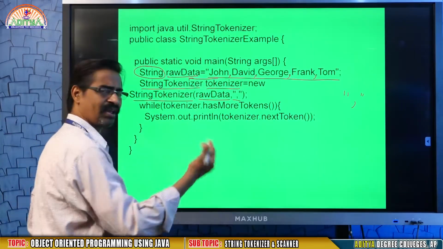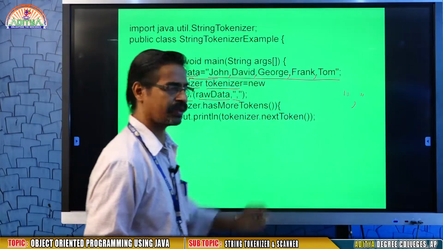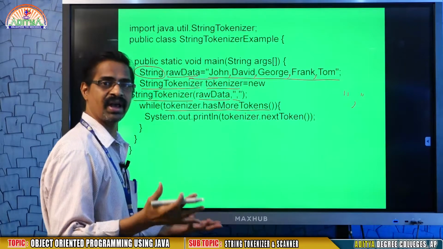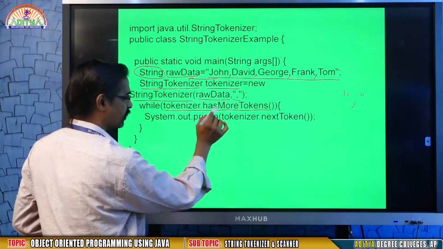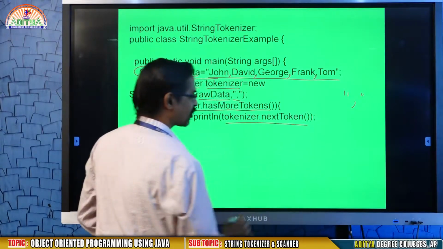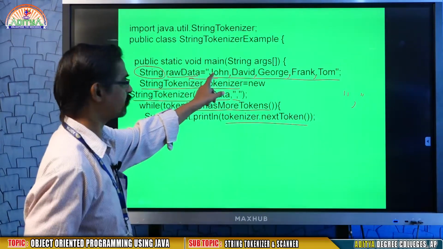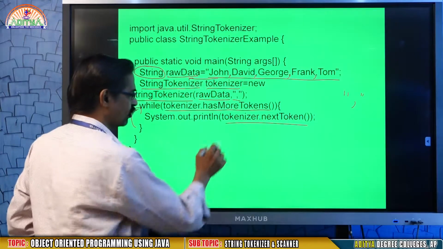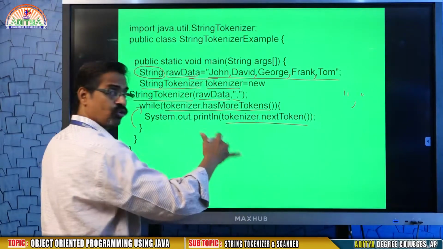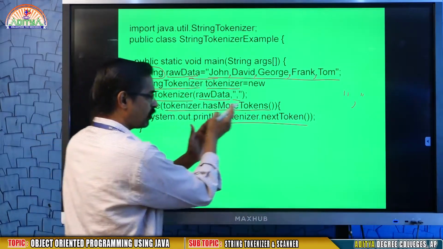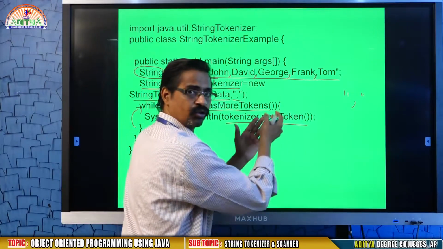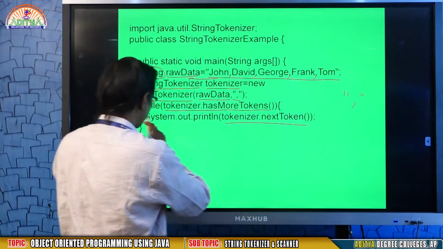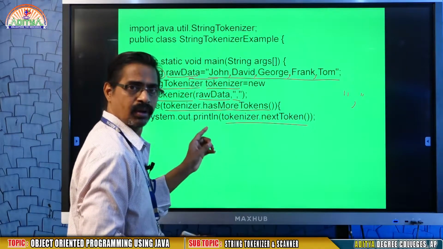Now come down. Again the same thing. Really I don't know how many names there are, that's why I give while tokenizer dot has more tokens. Yes, so the condition is true. Tokenizer dot next token will print the name John. After that it will go back and check again, has more tokens? Yes, so it will print the second token. After that it will go to the third, which is available, so it will print the third. After that it will go to the fourth one and print the fourth token, then go back.